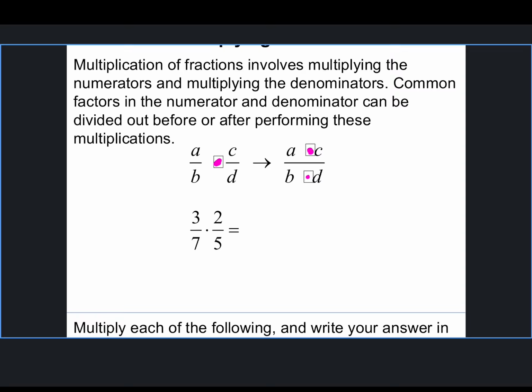Okay, so let's look at what we get. If we have 3/7 times 2/5, what are we going to do? Top times top, so 3 times 2 over 7 times 5. And what's 3 times 2? 6. 35. 6/35.